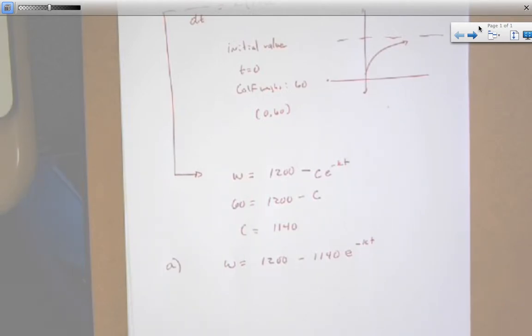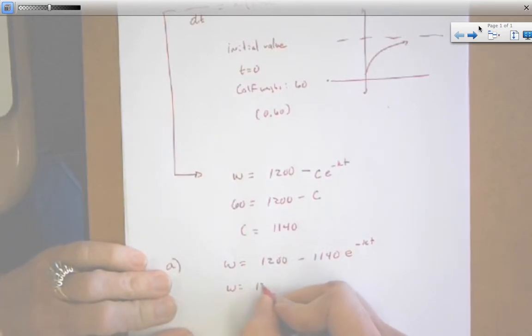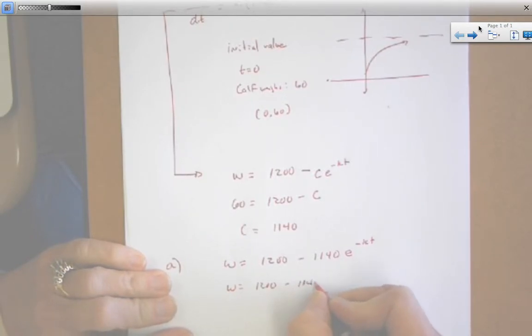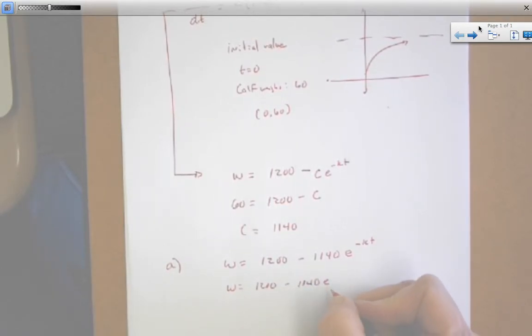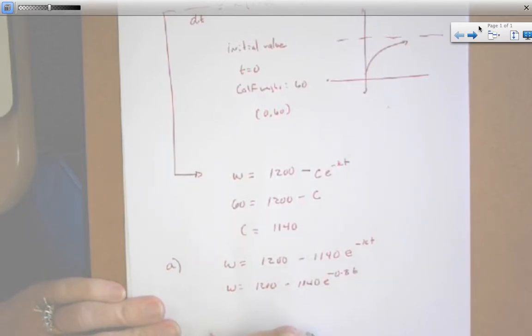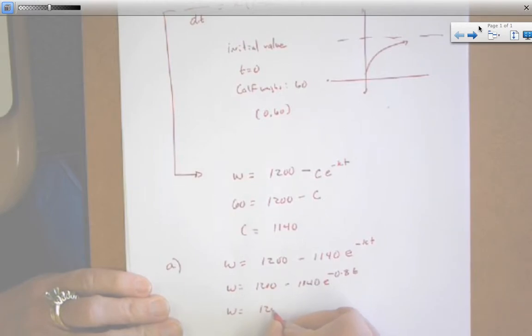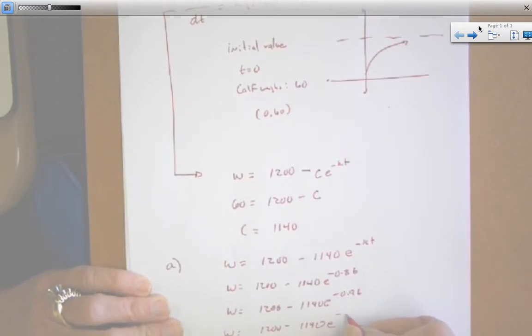Part A also says we're going to use different values for k. It just wanted you to use your calculator and plug in first negative 0.8, then negative 0.9, and then negative 1.